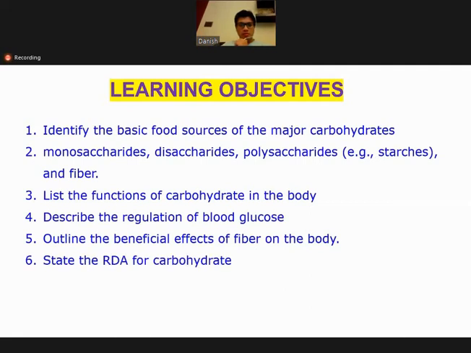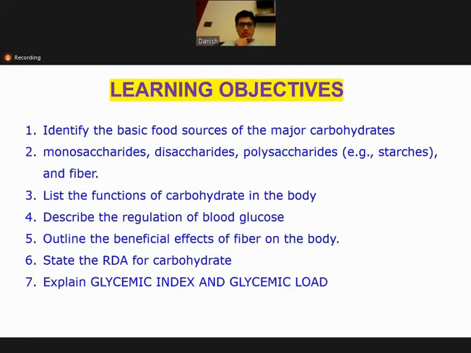Then you will be able to state the recommended dietary allowance for carbohydrate, how much carbohydrate should be taken in a diet per day, and explain the glycemic index and glycemic load at the end. So these are the learning objectives we'll be discussing today.